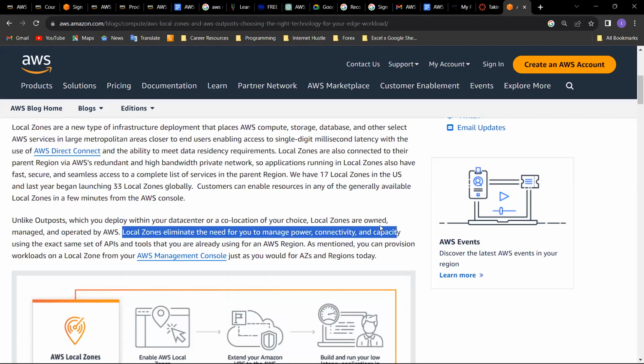You still access everything like you normally do through your API, but now it is much closer to you, so the latency is reduced. All right, that makes sense.